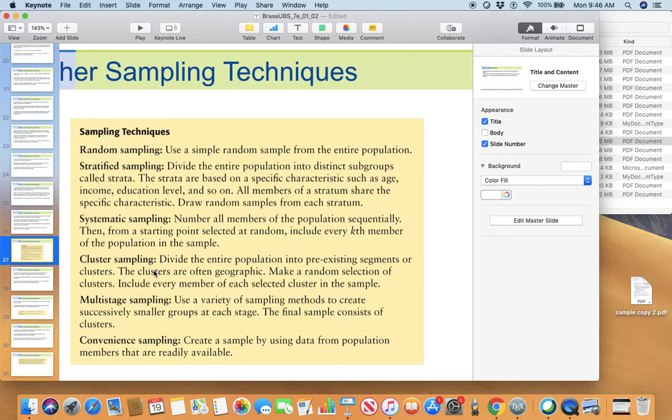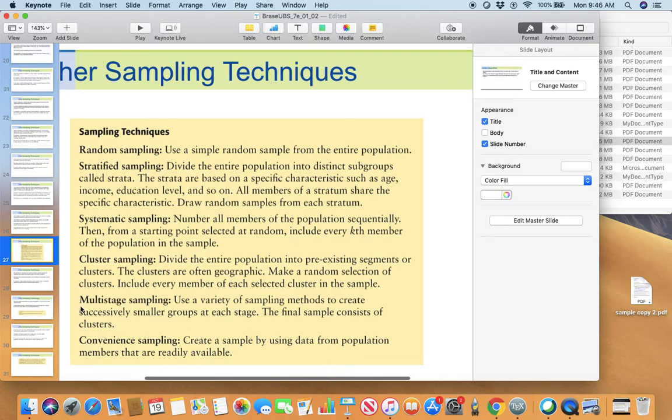Whereas in cluster sampling, you have divided the population into clusters, and you include every member of each selected cluster. Multi-stage sampling: use a variety of sampling methods to create successively smaller groups at each stage. So multi-stage, as the name suggests, you are going to break your population down over several stages. The final sample consists of clusters. Convenience sampling: create a sample by using data from population members that are readily available.